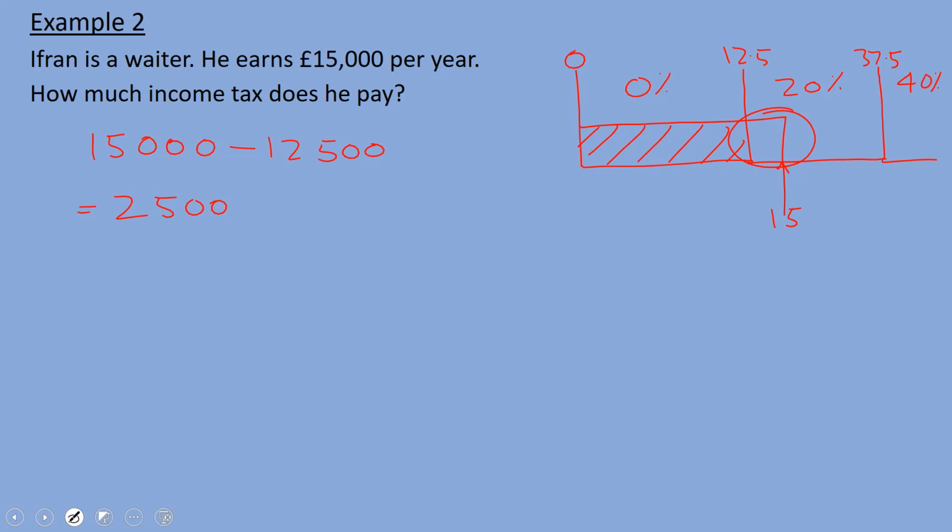And we're paying 20% tax on that. So that 2,500 we're going to multiply by 0.2, because that's our decimal multiplier for 20%. And we would end up with 500. And remembering it's how much tax, so it's £500.